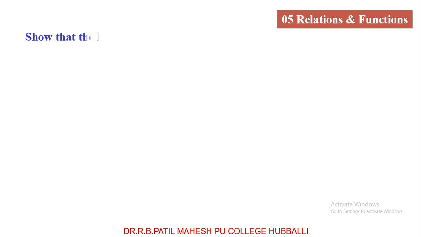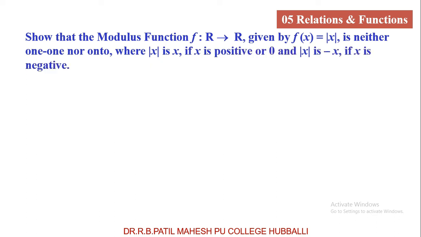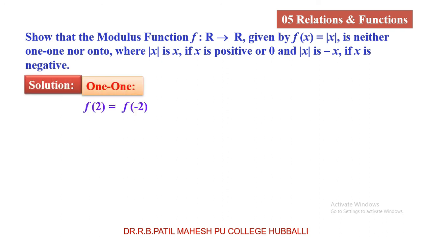Next, similar to the greatest integer, one more we have studied in P1, that is the modulus function. Modulus function means absolute values, only positive we get, even if you take negative also. So taking that, prove that it is neither one-one nor onto. For one-one, f of 2 is equal to f of minus 2.